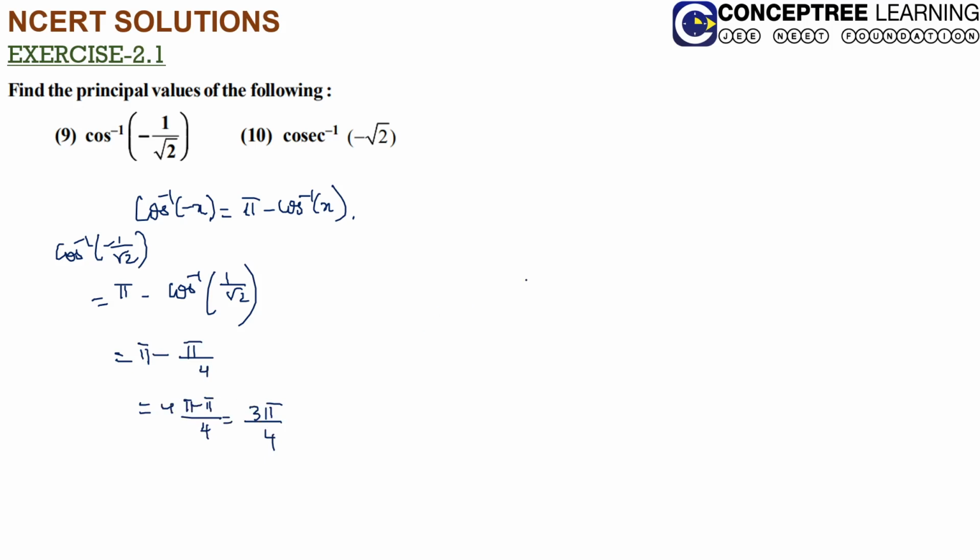Next, cosecant inverse of minus root 2. Cosecant inverse of minus root 2 is equal to minus cosecant inverse of root 2. For what angle is it giving root 2? When you are asked to find cosecant, just think about sine. Sine 0 is 0.